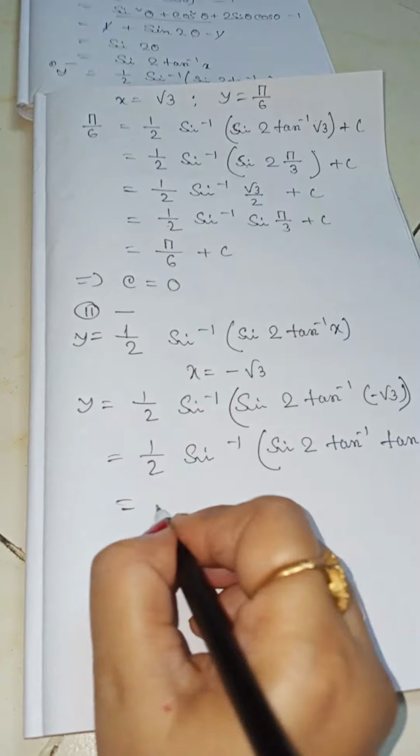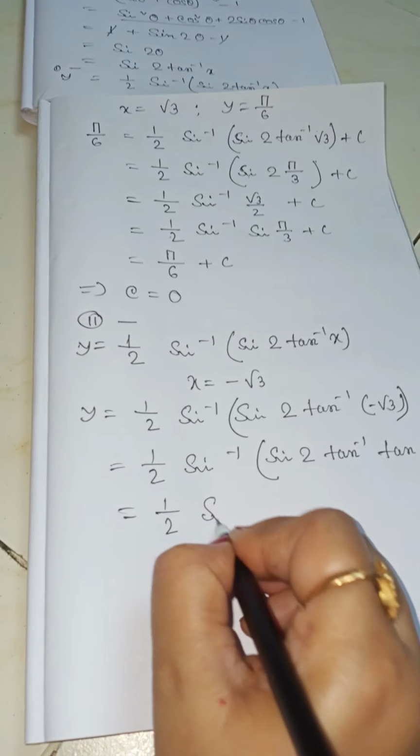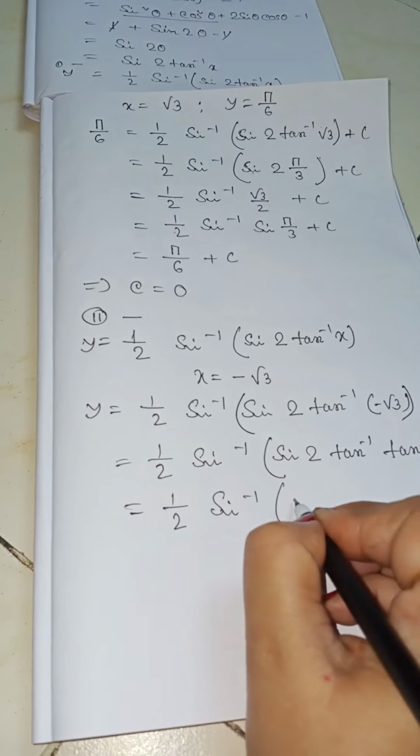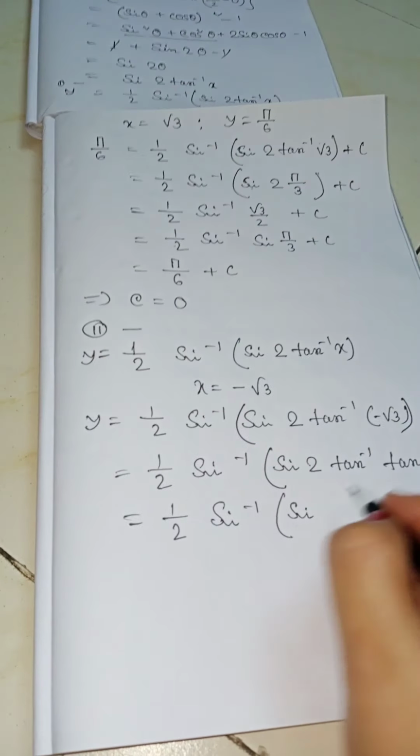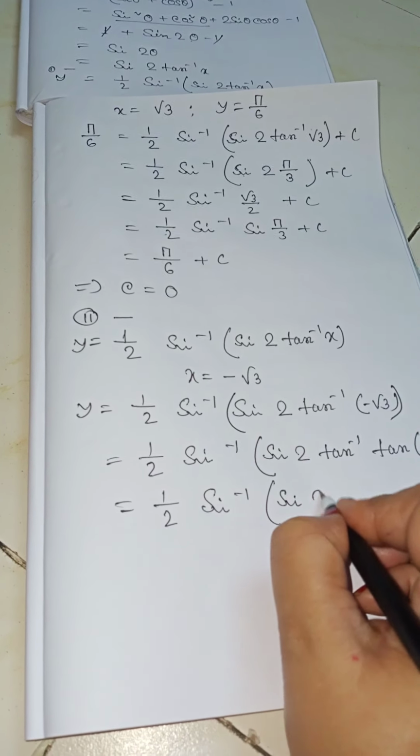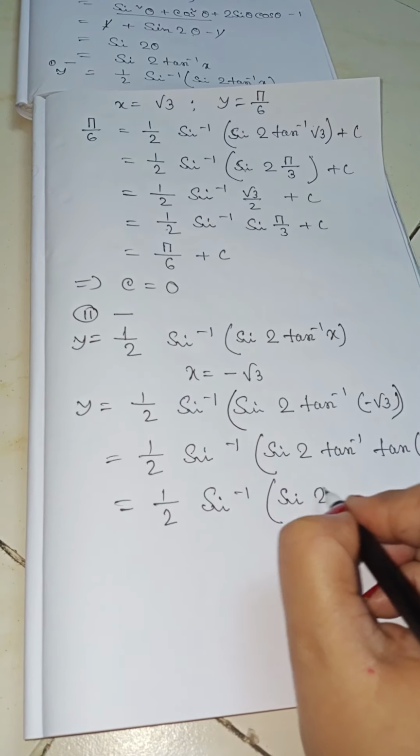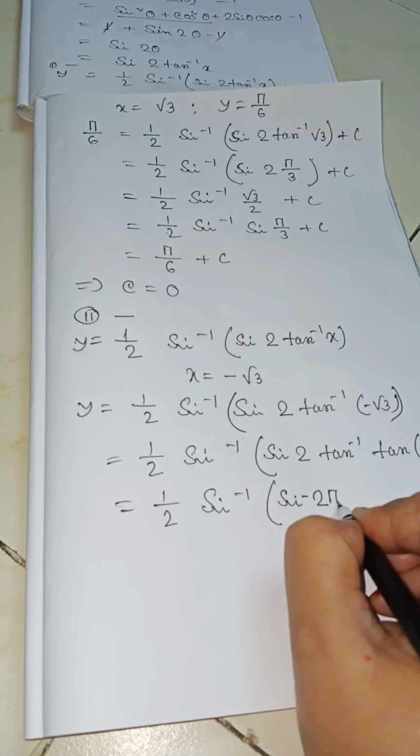So half of sin⁻¹ sin, this becomes 2 times −π/3, that is −2π/3.